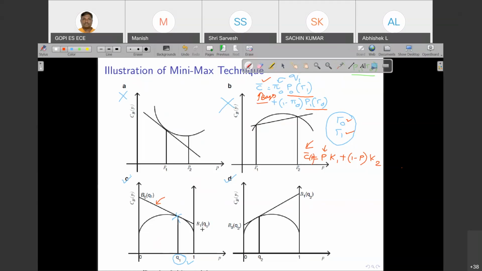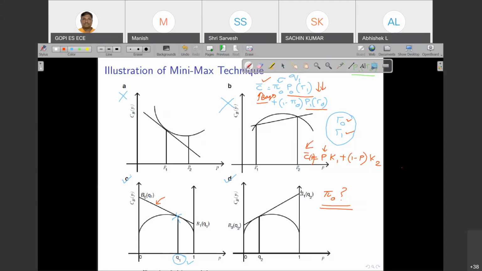Why am I telling this? Because we don't know the prior probability, that is the issue. If I knew the prior probability, there would be nothing to discuss. It's very simple: you have to get this gamma naught and gamma 1 such that this is minimized. Job over. But now pi naught is not known.